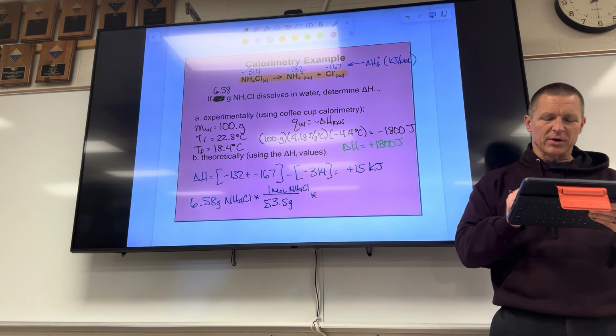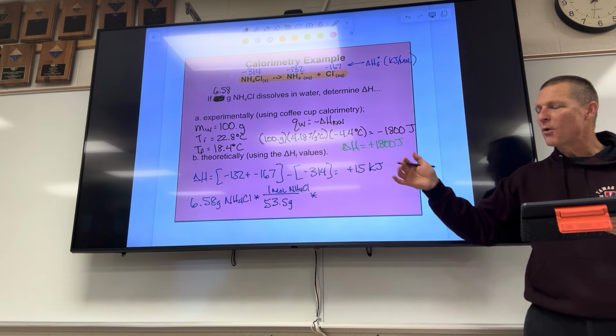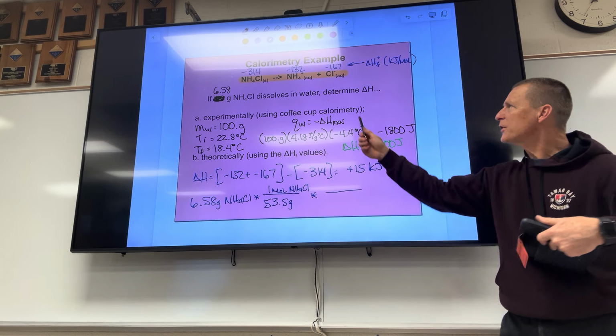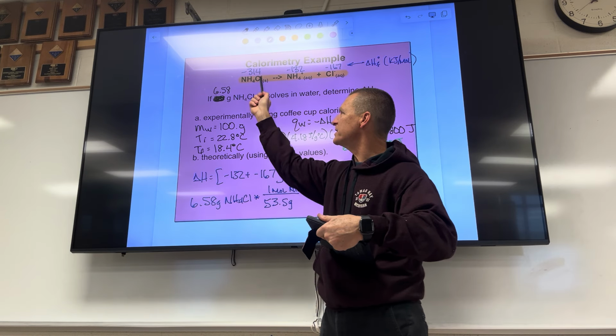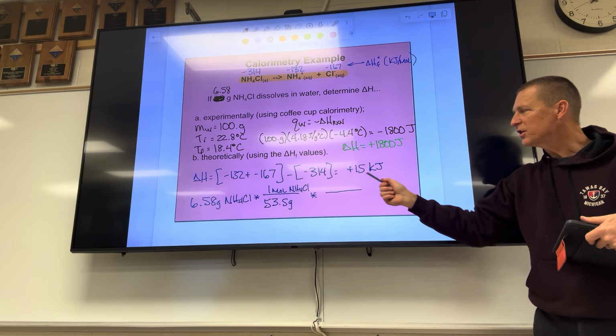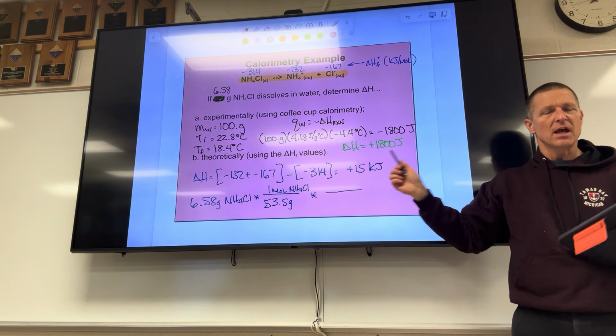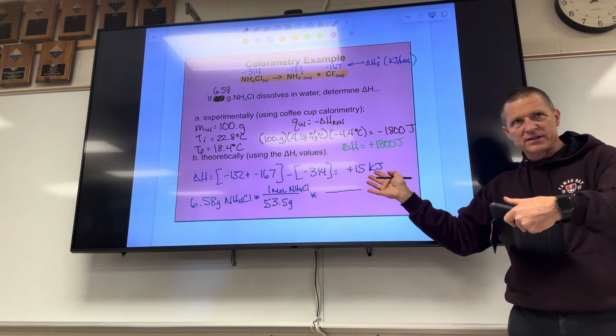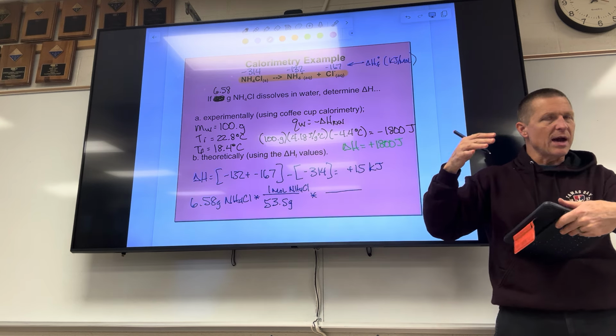So anyway, but look at this next conversion. We got to moles of ammonium chloride, and I want you to know that for every 1 mole of ammonium chloride that dissolves, 15 kilojoules of energy are taken in. So that is a conversion factor. You can actually use the delta H of a reaction as a part of a stoichiometry conversion.